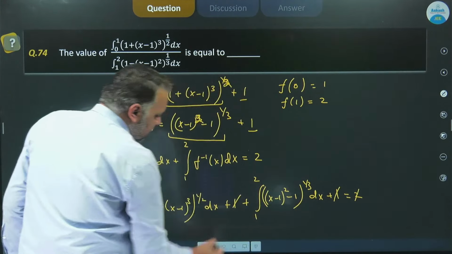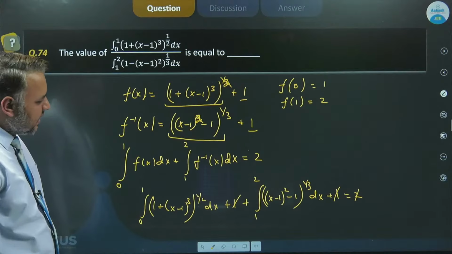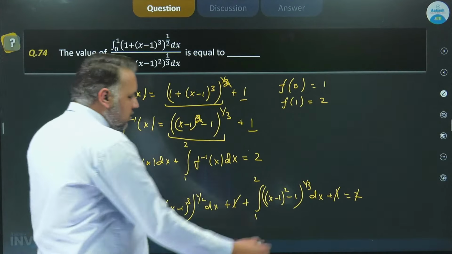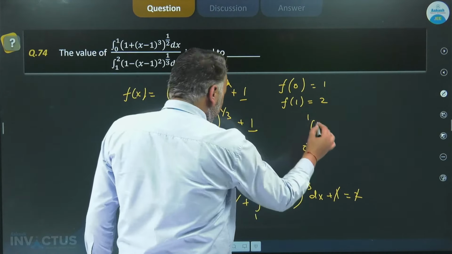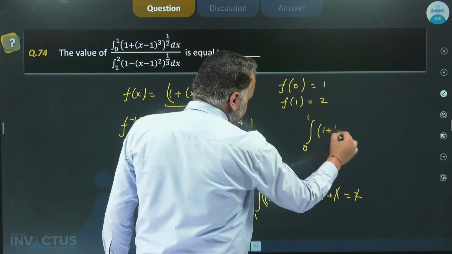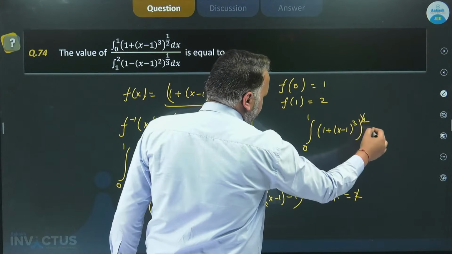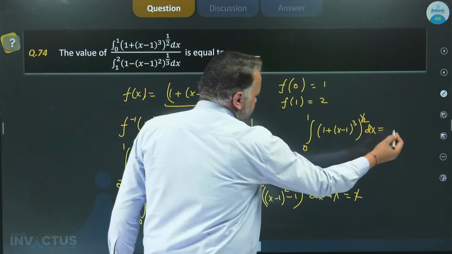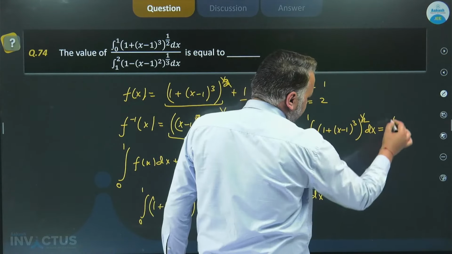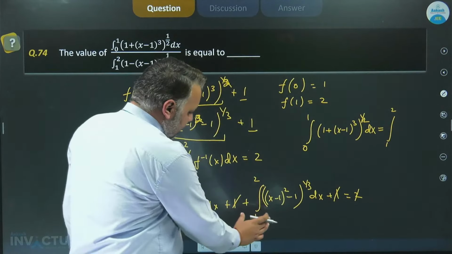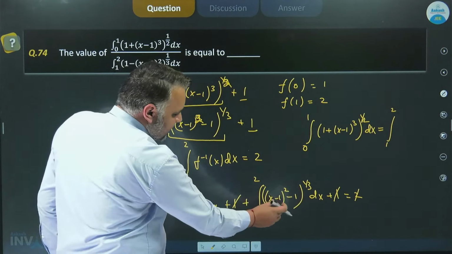So this 2 is cancelled out from both the sides, and we get the result that the integration 0 to 1 of (1 + (x - 1)^3)^(1/2) dx is nothing but the integration 1 to 2. If I am taking this into the right side, then I'll change the sign.